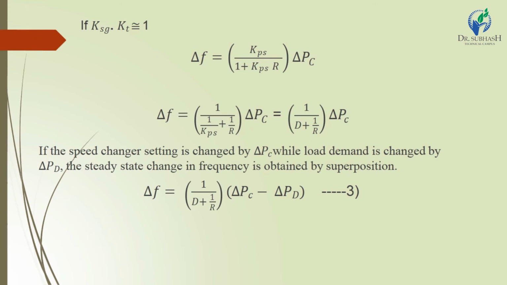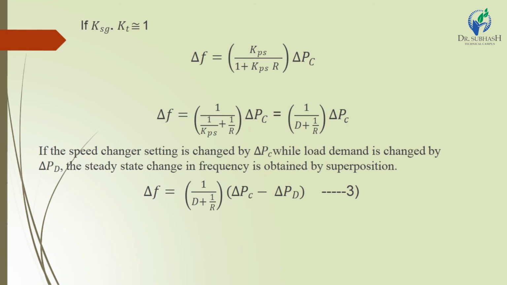If Ksg into Kt is equal to 1, we can write that delta F is equal to Kps upon 1 plus Kps into R, into delta PC. Delta F is equal to 1 upon Kps plus 1 upon R, into delta PC. So it is equal to 1 upon D plus 1 upon R, into delta PC.